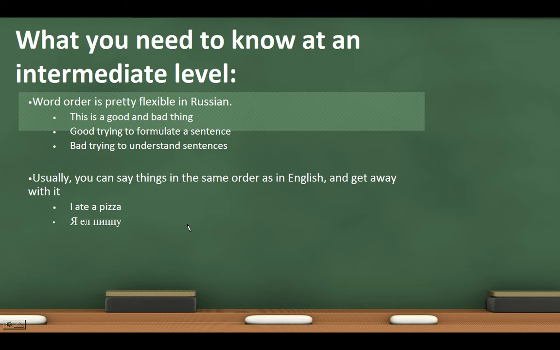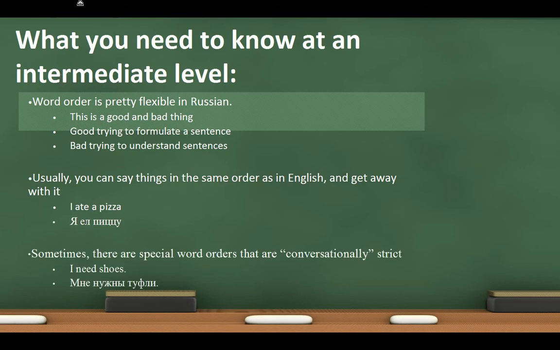You can put that I at the end. So you would say it like this: Пиццу ел я. And so you're emphasizing that I ate the pizza. But basically, in normal everyday speech, when you're not trying to emphasize anything, you can just say it how you would normally say it in English, and I would say it would be totally fine.